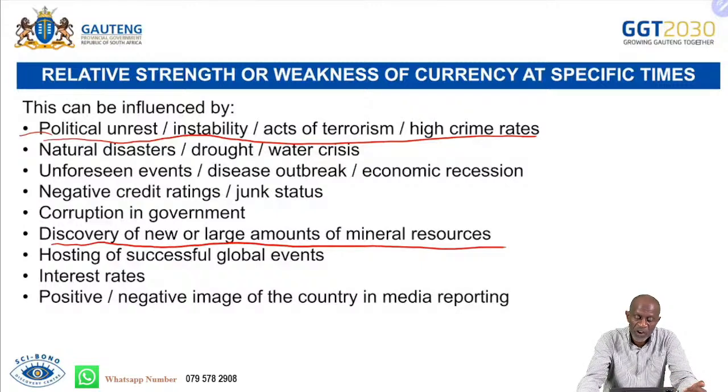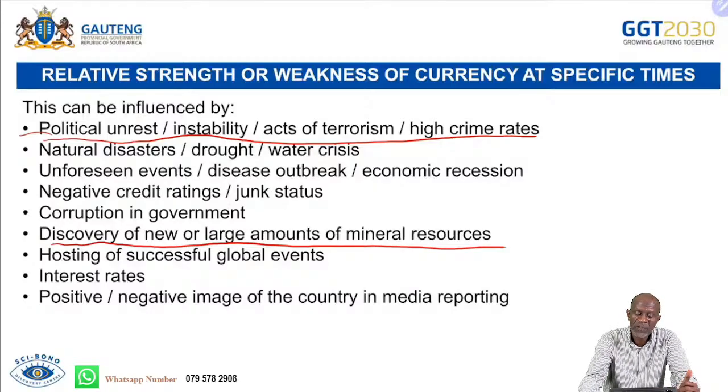Then they will flock into the country, and that has an impact on the currency at that specific point in time. So it has an impact on the economy of the country where the minerals have been discovered.